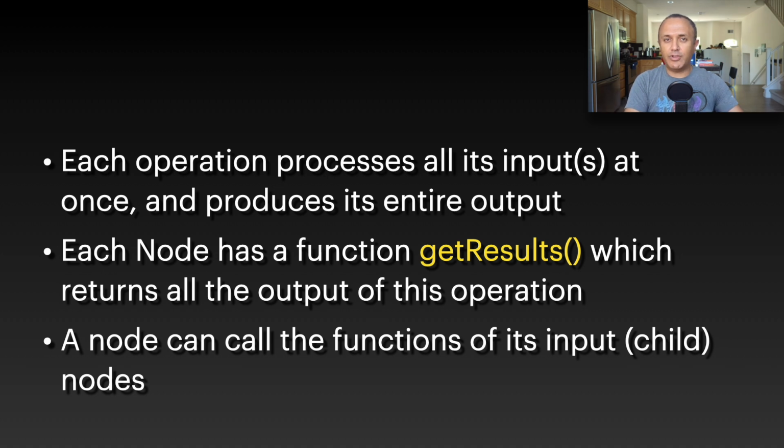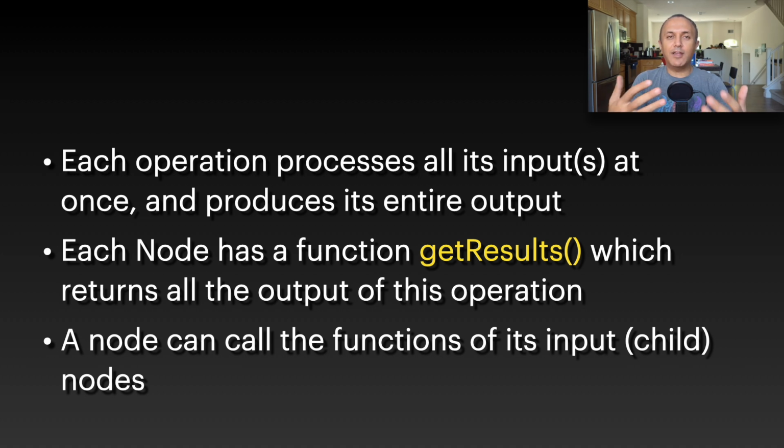If it has children, it needs to call getResults on its child nodes. So for the select node, in order to produce all its results, it needs to call getResults of its child, get all those rows, apply the condition, and then return the rows that satisfy the condition as the return of the getResults function.